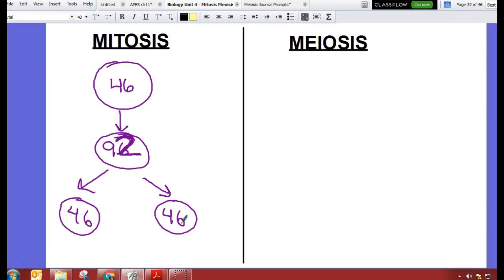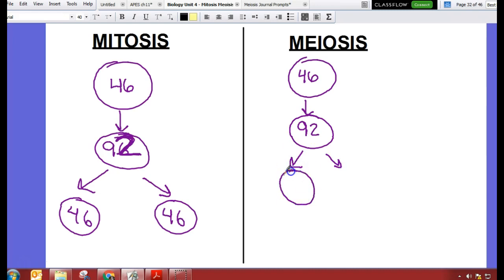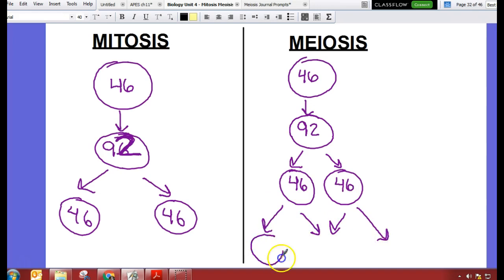In meiosis, what happens is we have 46 chromosomes. Again, they get copied, so we have 92. It splits in half, so we have 46. And then it splits in half again. So now we get 4 cells, and each cell has 23.